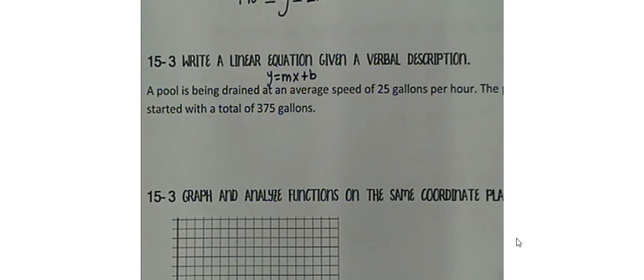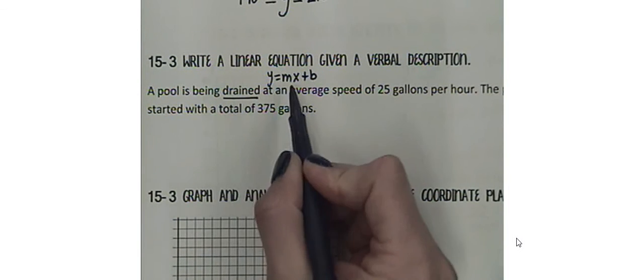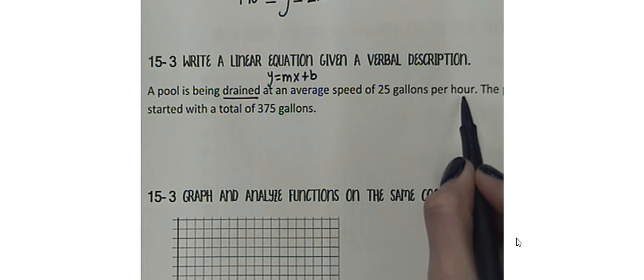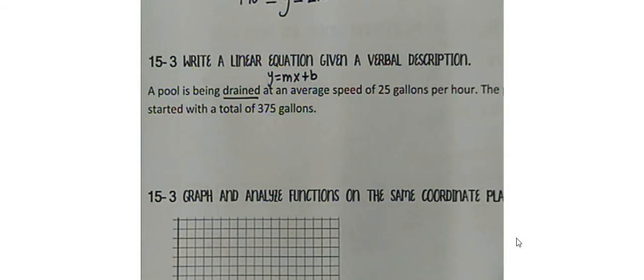So what's important here is that a pool is being drained at an average speed of 25 gallons per hour. The pool started with a total of 375 gallons. So think, which one's your M and which one's your B?